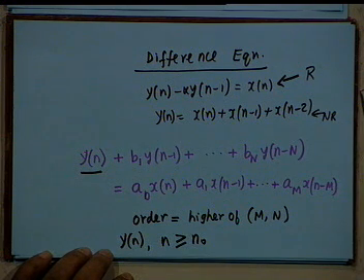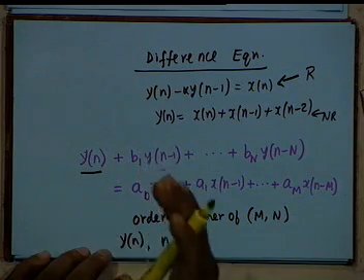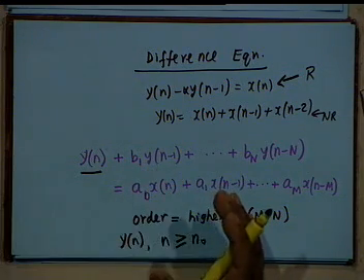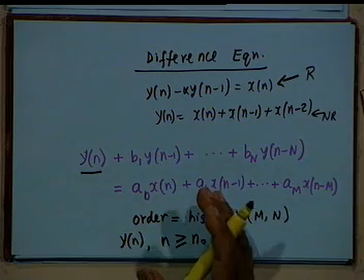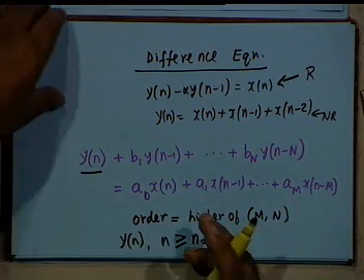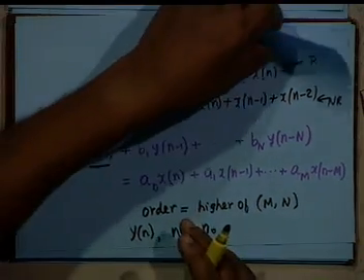It is only after that, after n0. So all conditions prior to n0 must be known, then you can compute y of n. That is, you can find a solution to the difference equation, and on this topic, solution of difference equation, we shall spend a little time.